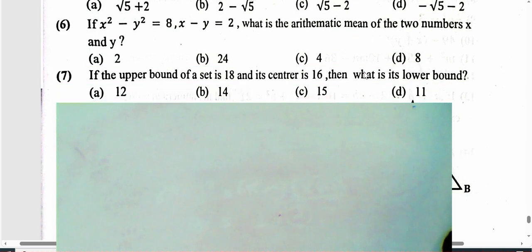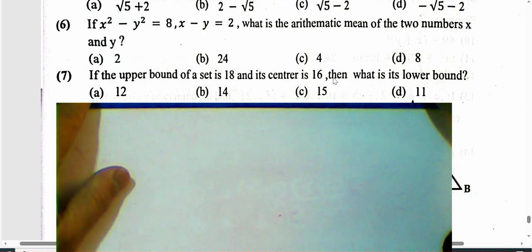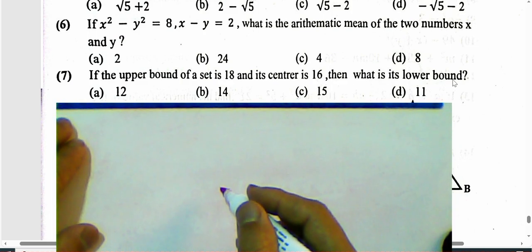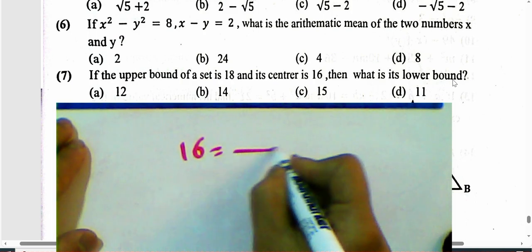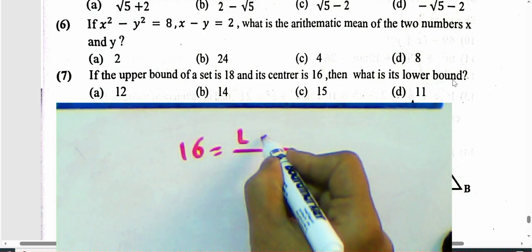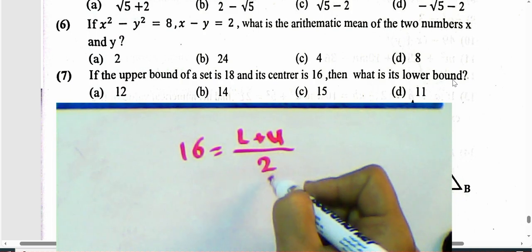Next question. The upper point of the set is 18 and the center is 16. What is the lower point? We can find the lower point by using the rule. We know the center is 16. The center equals lower plus upper divided by 2.